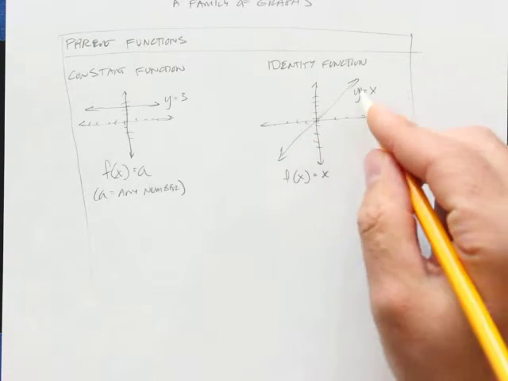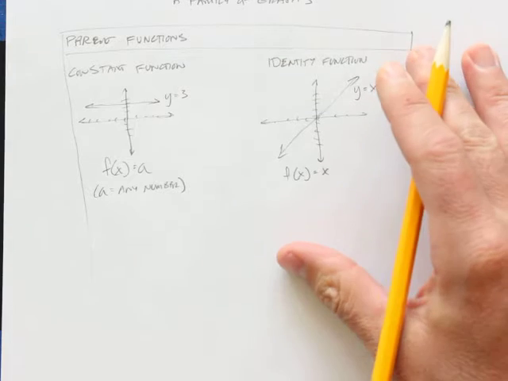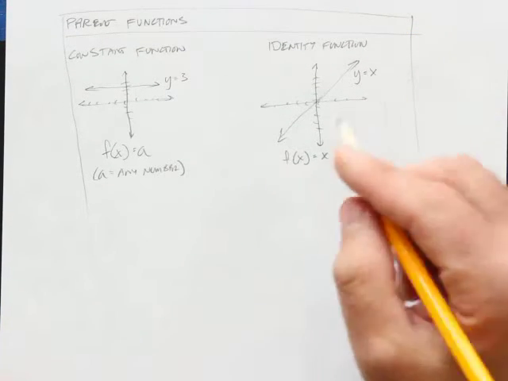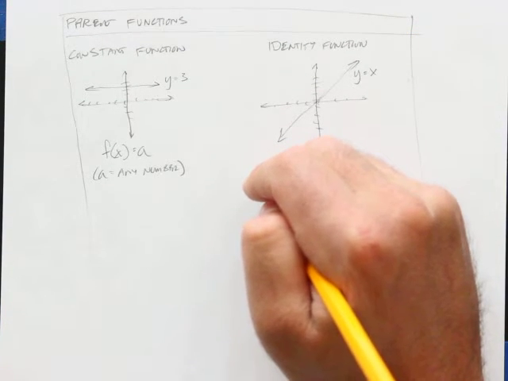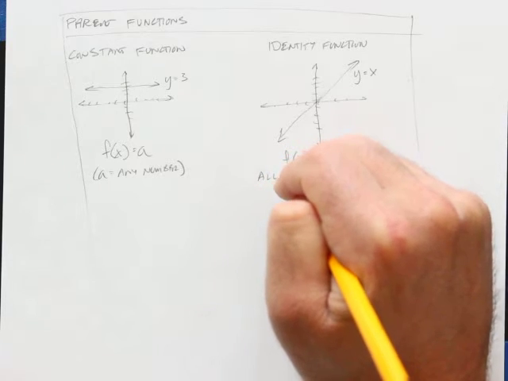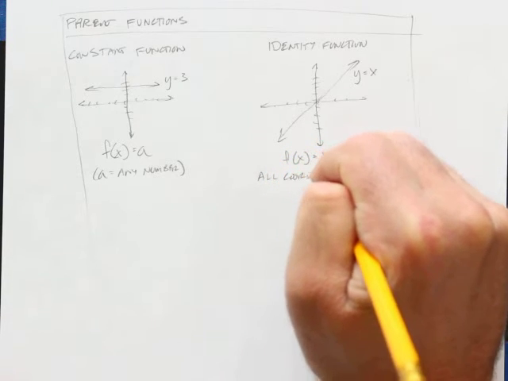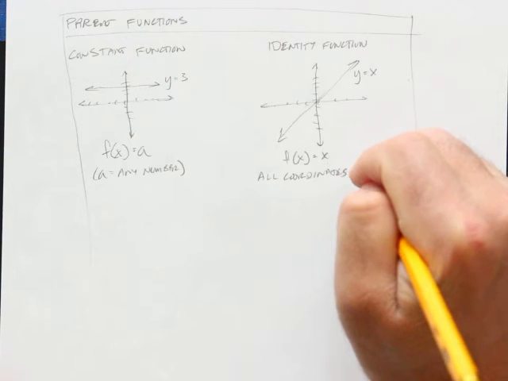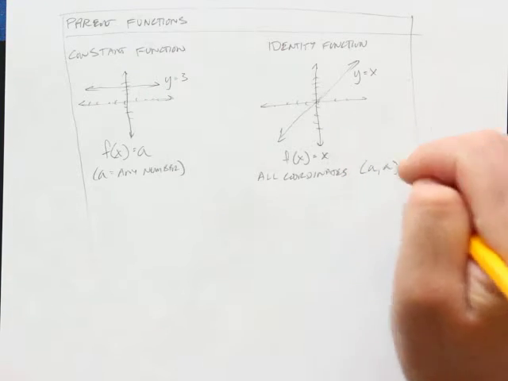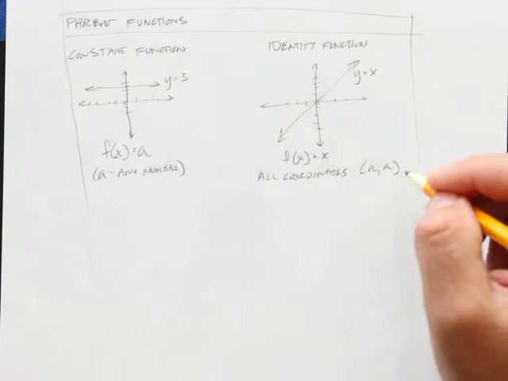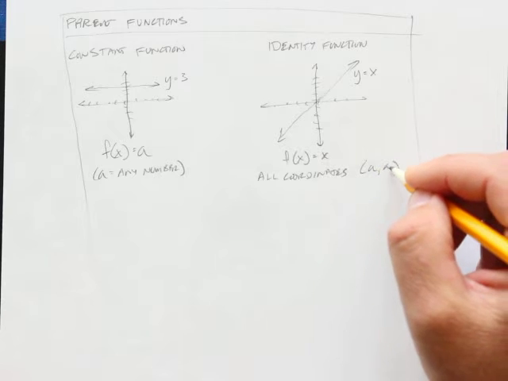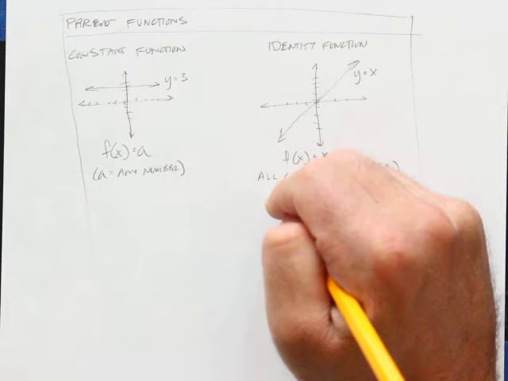Y and f of x we use interchangeably. That means that all coordinates are the same. They are equal. So if this was 6, then this would be 6. If this was 8, this would be 8. And this is a linear function.